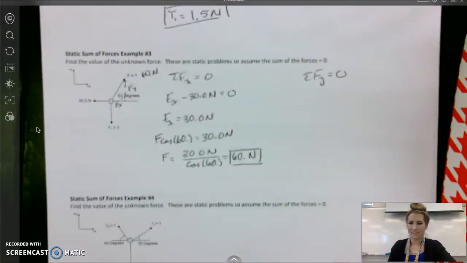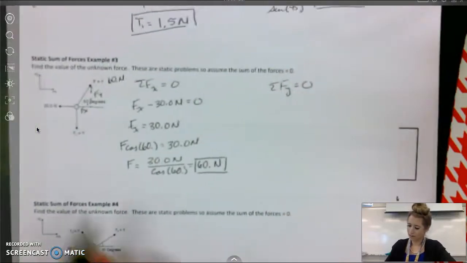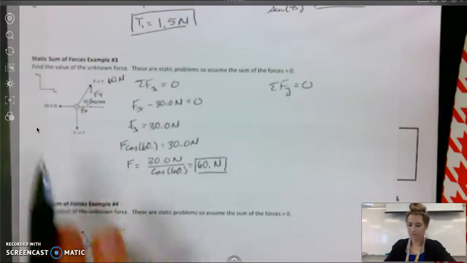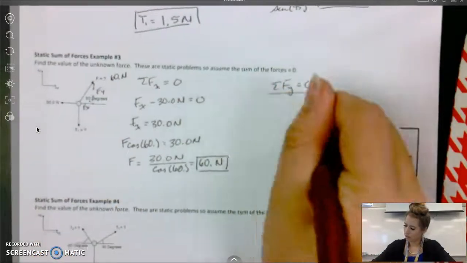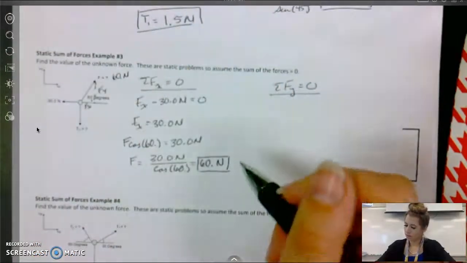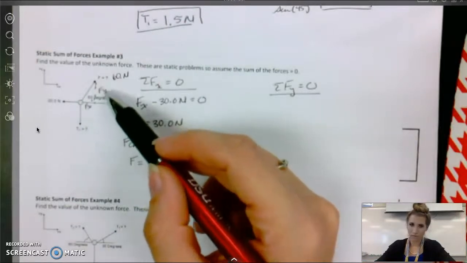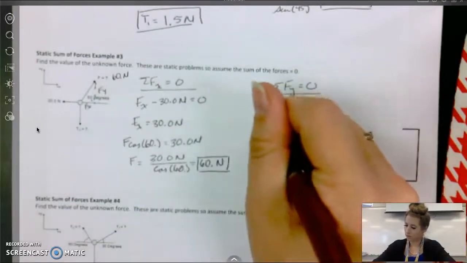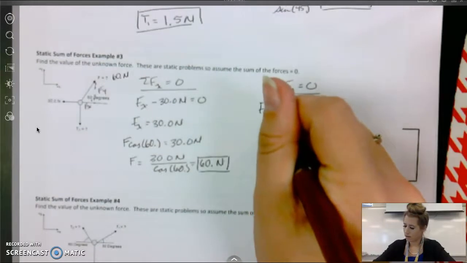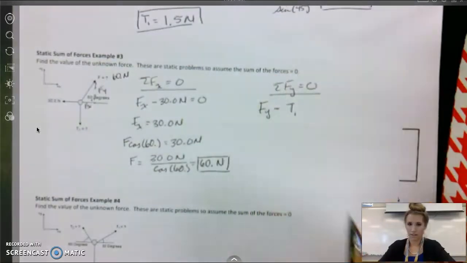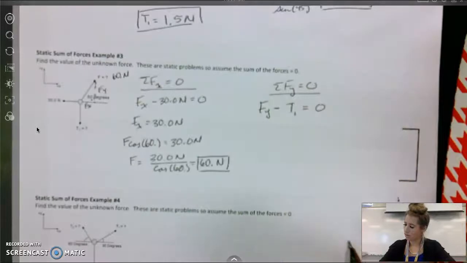Okay? So now let's look in the y direction to figure out this T1. So here, let's see, in the y we have a positive force in the y, and then we have a negative T1, and those are the only forces in the y direction. Okay? That's going to equal 0.